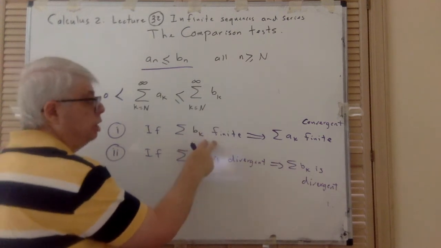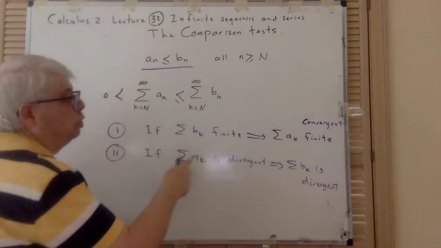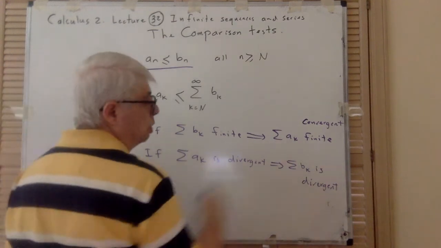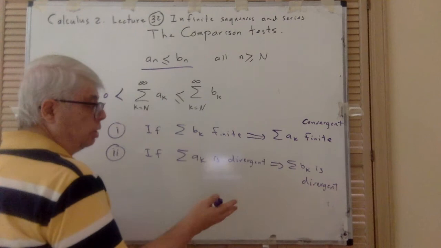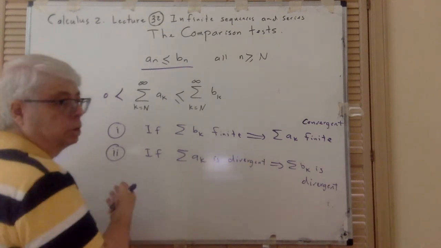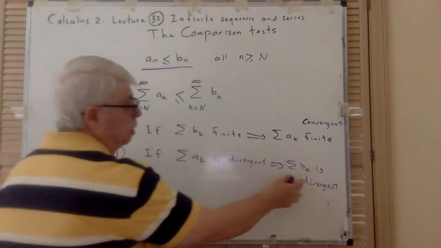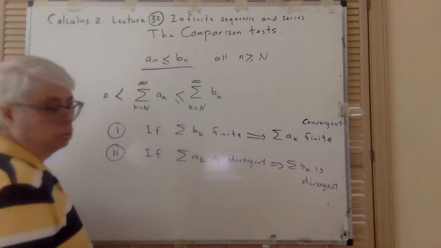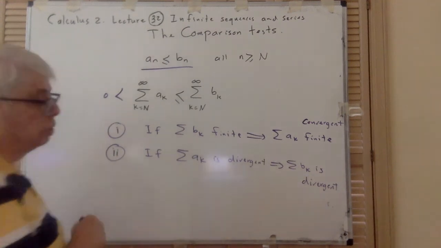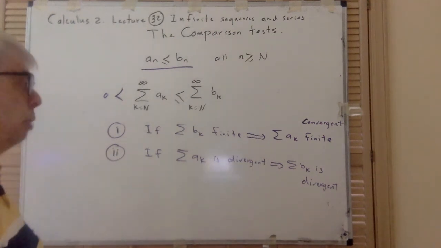Sigma b_k being finite means sigma a_k is finite, which means sigma a_k is not divergent. So this is a contradiction to the assumption. If this is not divergent, which means it is convergent, then it should be convergent by part I. So this also uses part I, which used the monotone convergence theorem.